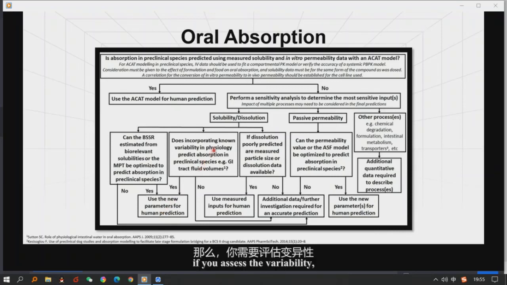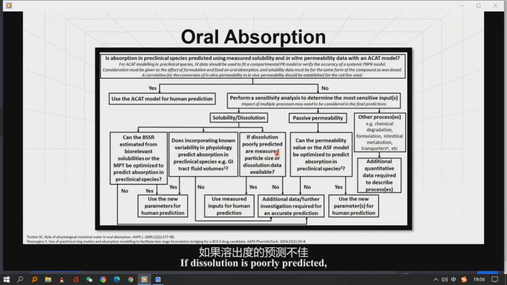If not, you assess the known variability on the volumes in the lumen of the GI tract. If you have to adjust those to predict, it's not recommended to change physiological parameters, but the volume in the GI tract is known to be uncertain. Therefore, you may qualify or verify percentages in the preclinical species that you can apply to human.